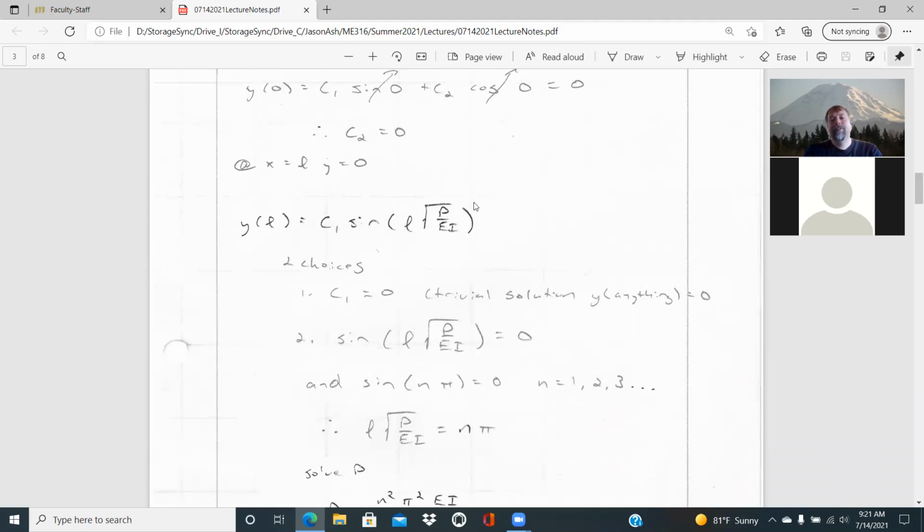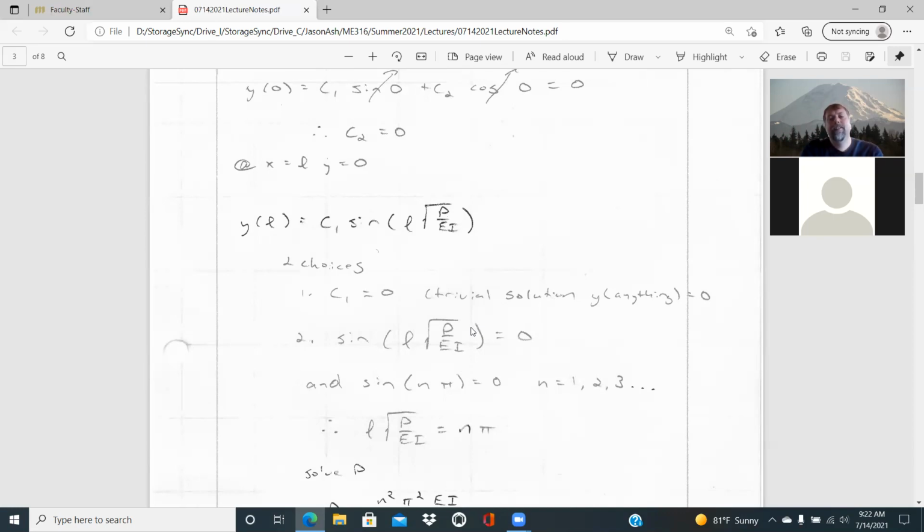And so your second option is that the sine term of L times the square root of P over EI is equal to 0. And that leads then to a non-trivial solution. It only occurs at those specific instances. And so we're looking at this second situation as a non-trivial solution and carrying that forward.